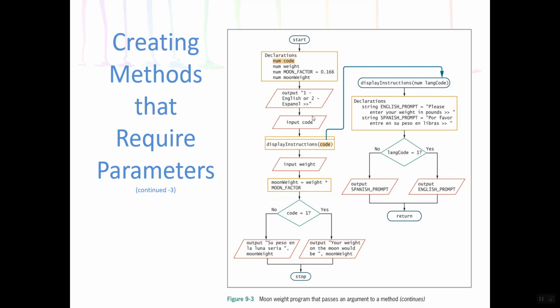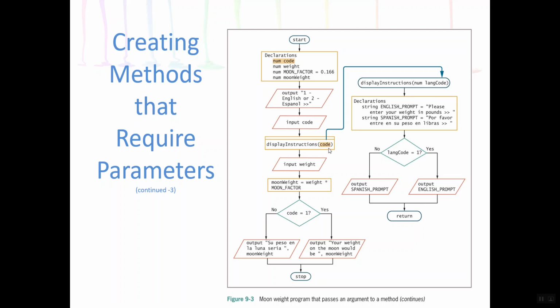So going back to main for a moment, remember that main has just finished asking the user for code and reading it in. We get to the point where we call display instructions. This blue flow line is showing us that the control is going to shift from main. We're going to jump over to display instructions and execute that.